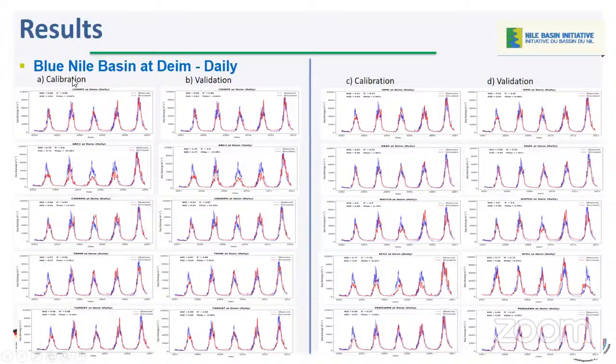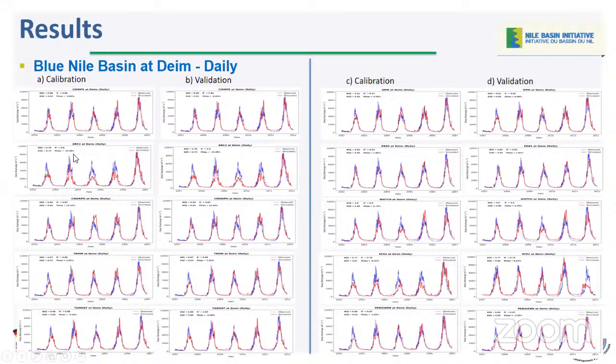This is the calibration period for 5 different data sets, and here also the calibration and validation period for the other 5 different data sets. The upper left is CHIRPS, and this is the performance of CHIRPS.